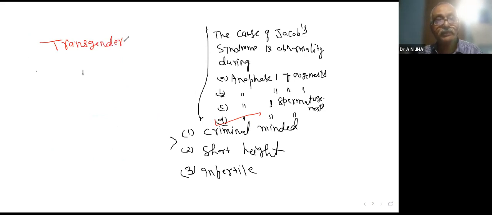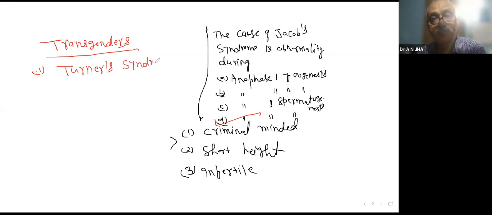So scientifically, transgenders could be number 1, Turner syndrome, that I have discussed on the first day, in which one chromosome is less, that is 45, that is 44X. It is also a transgender.